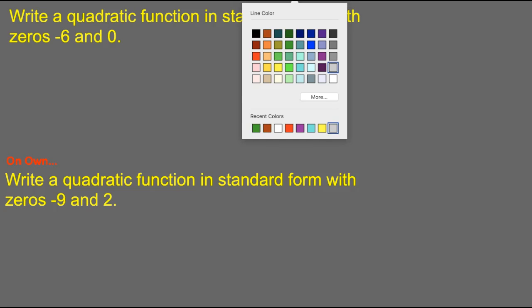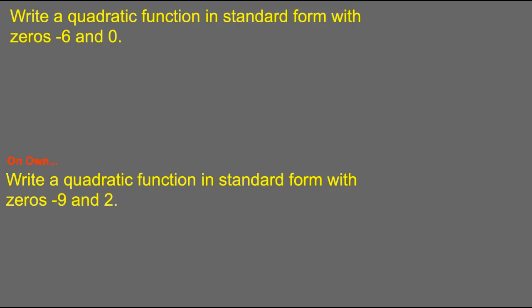The top one is going to have zeros of -6 and 0. This one's a little different because if -6 is a zero, then x plus 6 is a factor. And if 0 is a zero, then what's a factor?